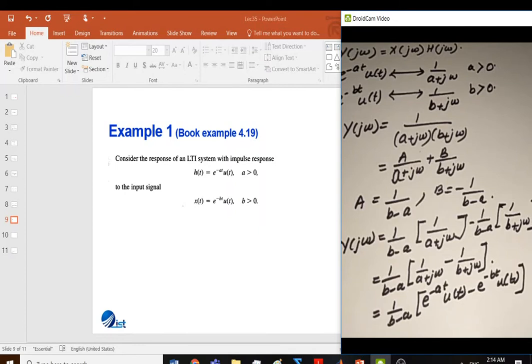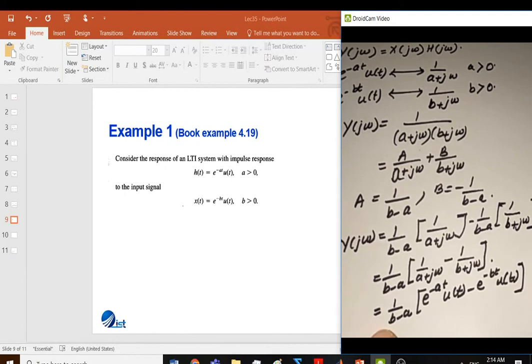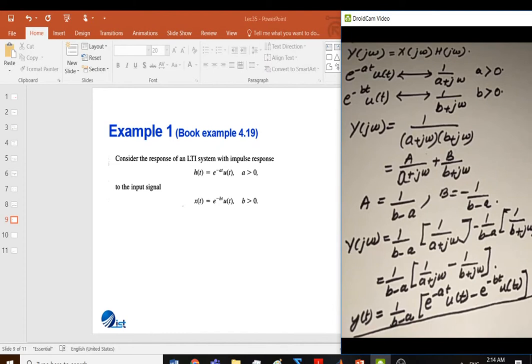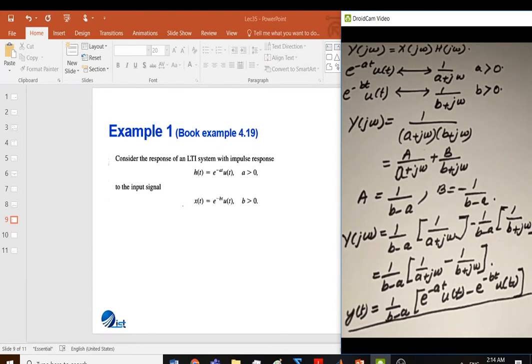Whenever we are using frequency domain techniques, one further advantage is that we can get a simple, straightforward time domain expression. Otherwise, we have seen that when we use time domain techniques, we get ranges. We generally don't get a time domain expression this easily.